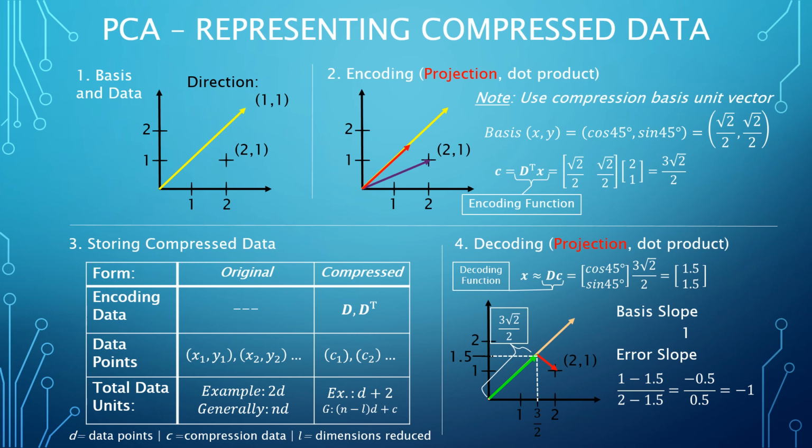And if we're working on a very large dimensional problem, that matrix itself, that transformation matrix, might be able to be compressed in the event that it follows a pattern or something like that. In any case, in the bottom row of the table, you can see that compression would save us data so long as the total data stored in an uncompressed state is greater than the data stored in a compressed state.